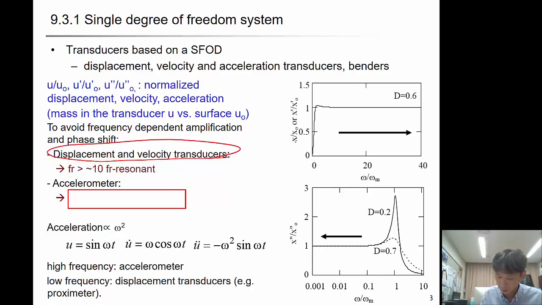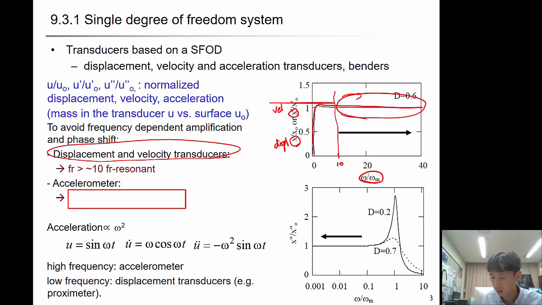Like this. So when you measure the velocity using geophone or proximeters, or displacement with the proximeters, so x prime is the velocity and this is the displacement, their response is like this. So as long as your frequency is maybe 10 times bigger than the resonant frequency or the characteristic frequency, your response is quite flat.